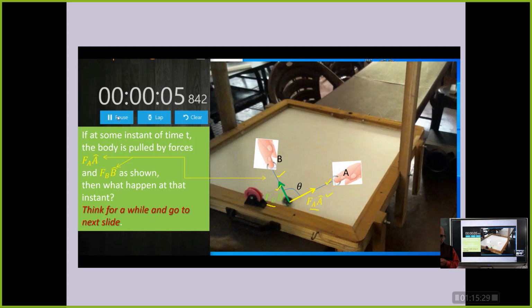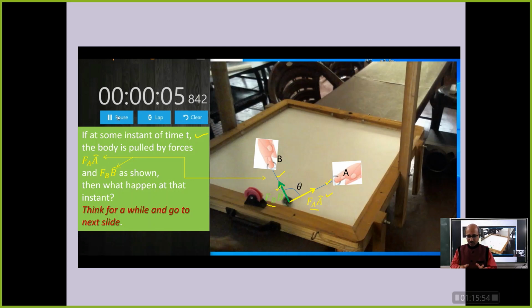And now these two forces are applied at some time instant t. So at the same time instant, what happens to this object? Imagine, if two things are pulling it like this, what happens to that object at that instant?